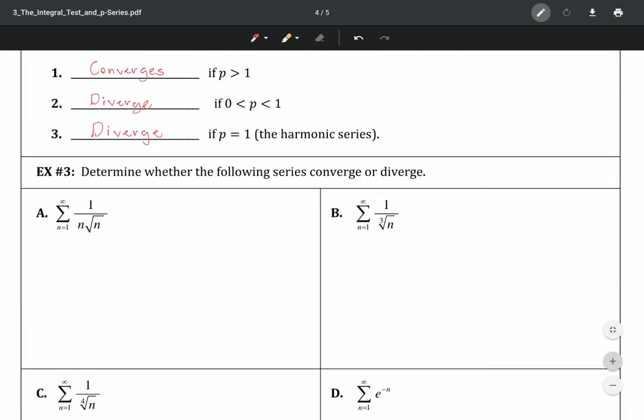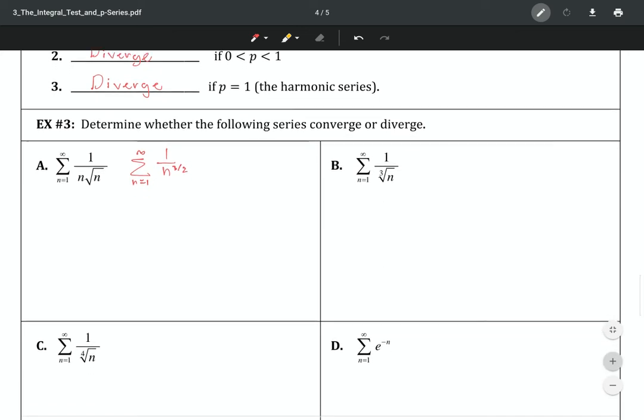Of course, some of these can fall under several different tests. On this one, for example, we can rewrite this as... What I'm trying to tell you is that this may fit more than one test, but this one tends to be the easier one if it looks like this. So I could rewrite it like that. Remember, the rules of exponents tell me that if I multiply those two, I can add the exponents.